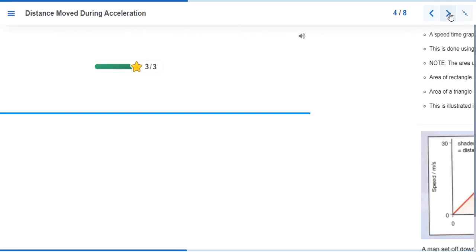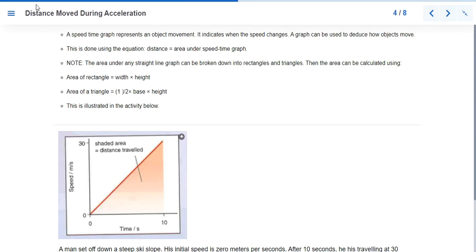Now let's move on. Distance moved during acceleration. A speed time graph represents an object's movement. It indicates when the speed changes. A graph can be used to deduce how objects move. This is done using the equation that distance is equal to the area under the speed time graph.